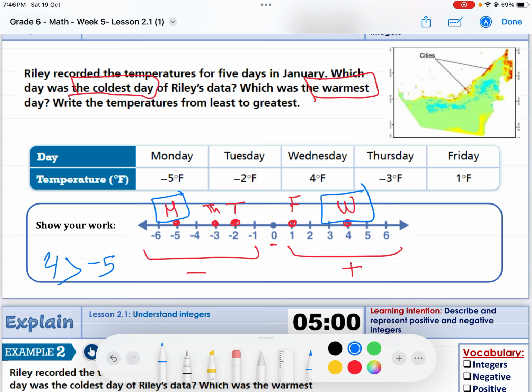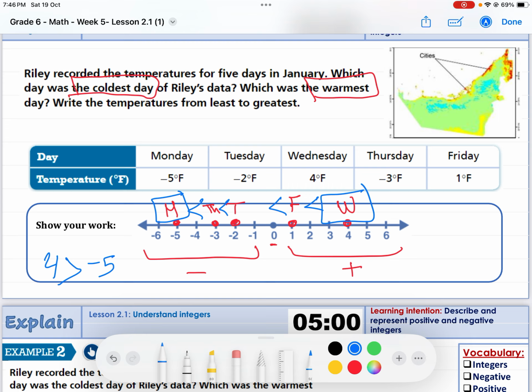Okay, guys? So here I can tell that Monday is the coldest. Then it's less than, next I have Thursday, and then I have Tuesday, and then I have Friday, and then the warmest will be Wednesday. Okay, so here you go.